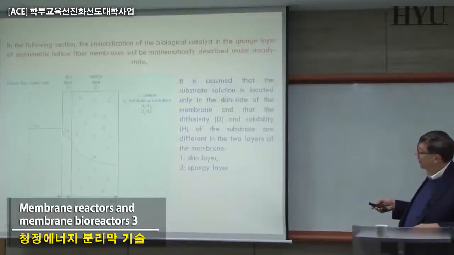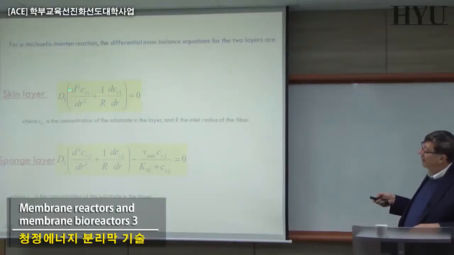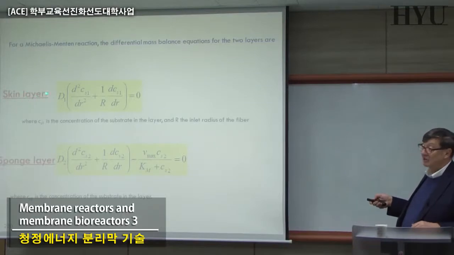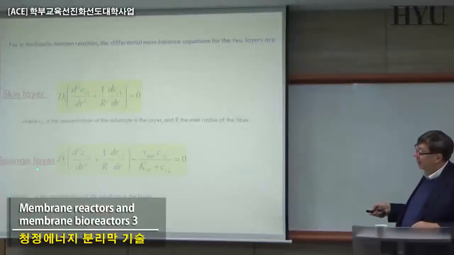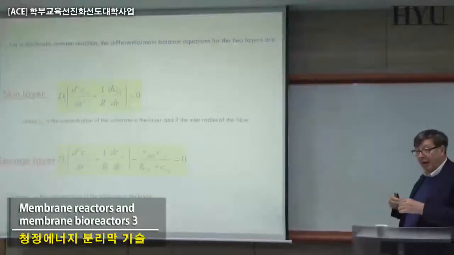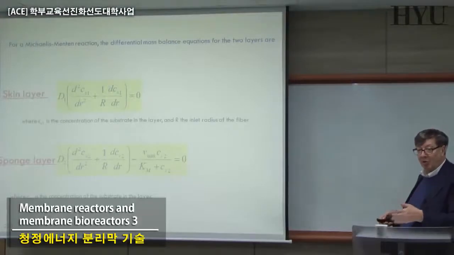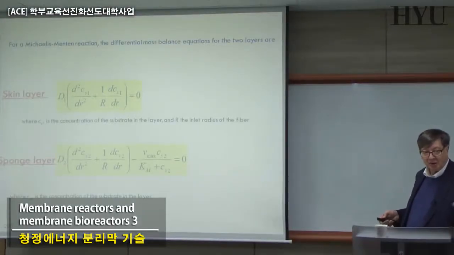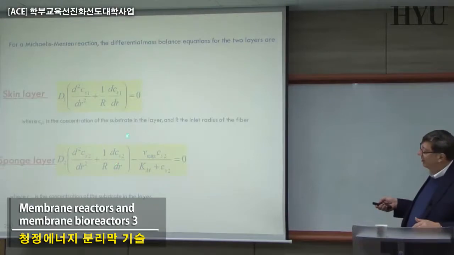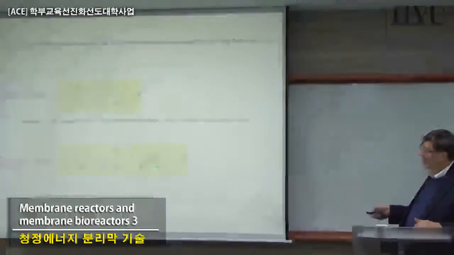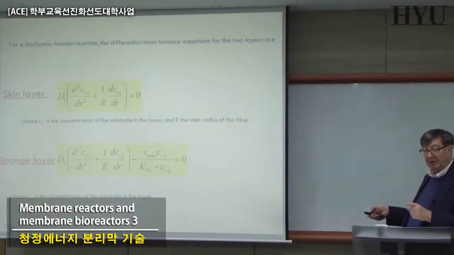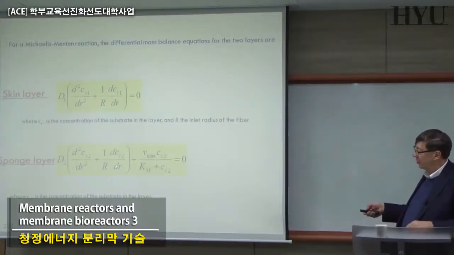Now you can start to work on this system, writing the Michaelis-Menten equation in the skin layer and the Michaelis-Menten equation in the spongy layer, and trying to do a little bit more than what exists in the traditional books of biology. Nothing happens in the skin layer, we only have diffusion, and in the spongy layer we have the conversion, because there is a catalyst, and you are assuming all the catalyst is in the spongy part.